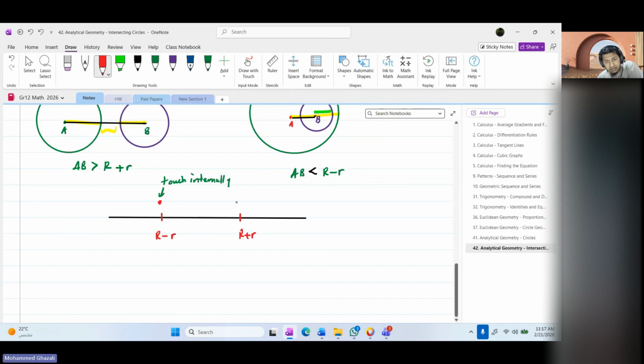When it's R plus R, they touch externally, right? And when it's in between, it's intersecting. When AB is less than R minus R, they do not intersect. So basically the circle is on the inside. So they do not intersect. And same here, do not intersect. So it's an easy diagram, right?